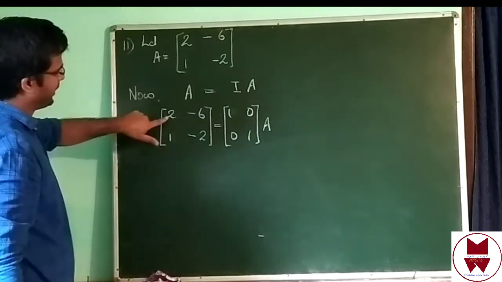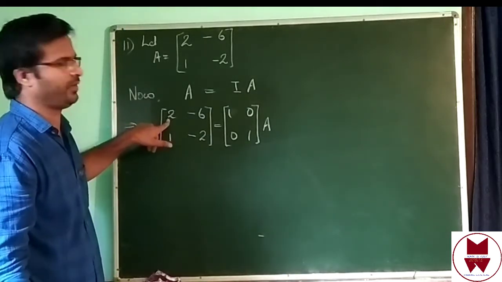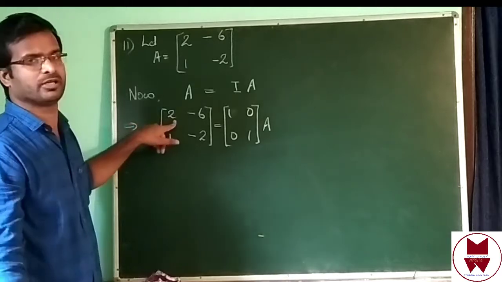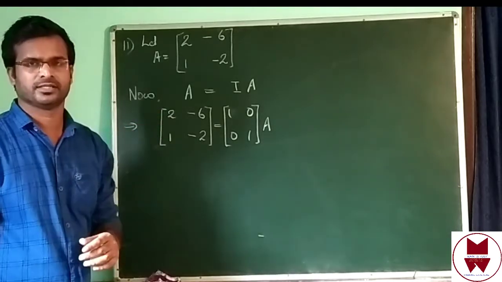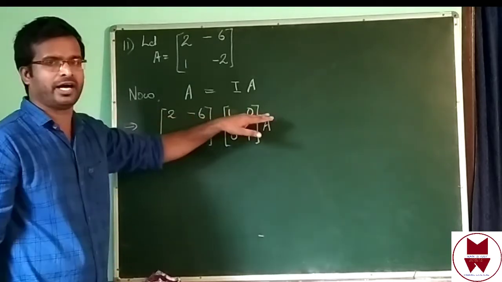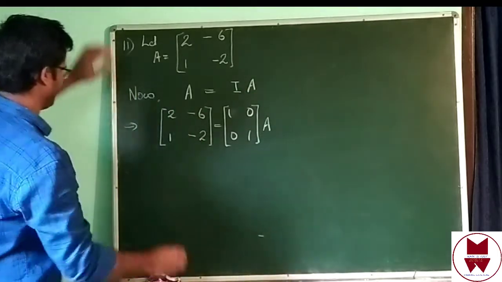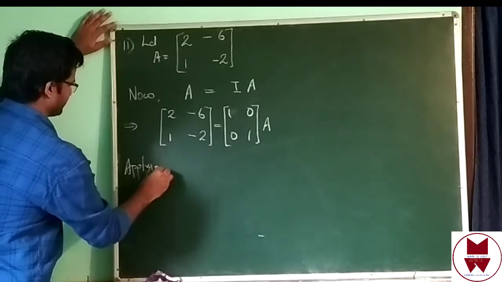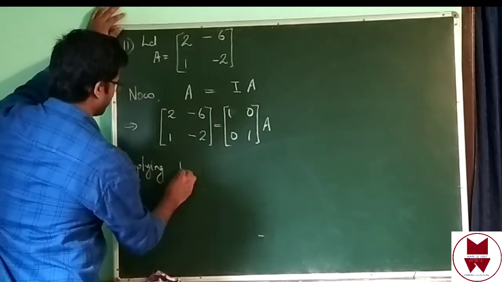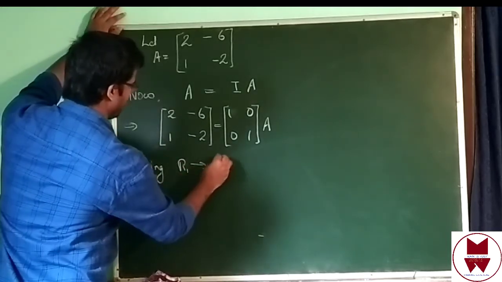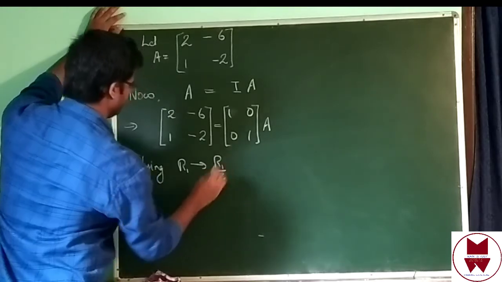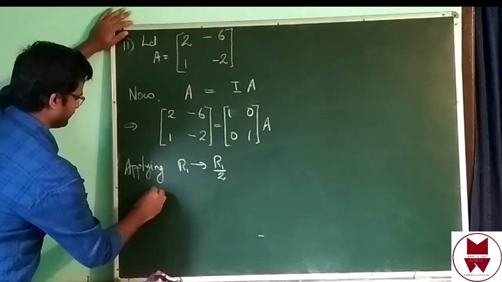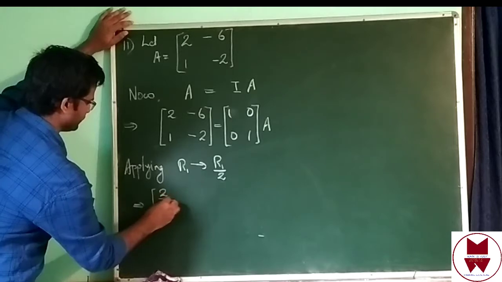First step is, in the place of 2, we have to make 1, isn't it? That's why this 2 just divide by 2. 2 divided by 2 will get 1. That means first row R1 divided by 2. Applying R1, we are going to change R1 divided by 2. That time we can write 2 divided by 2.